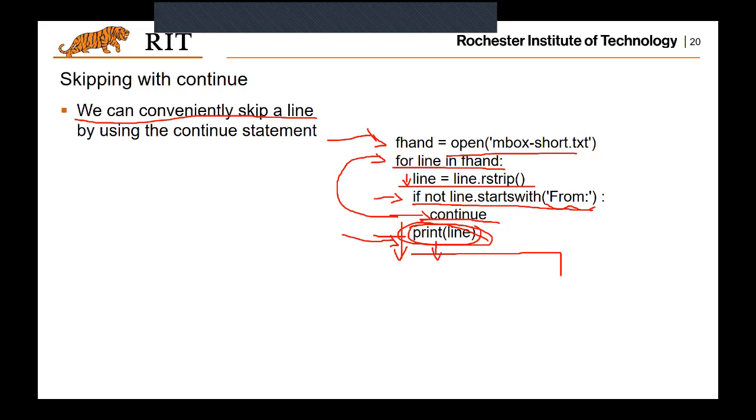And this if statement will make sure that those lines which do not start with from colon will not be processed. And that's how this continue statement and the if work together.